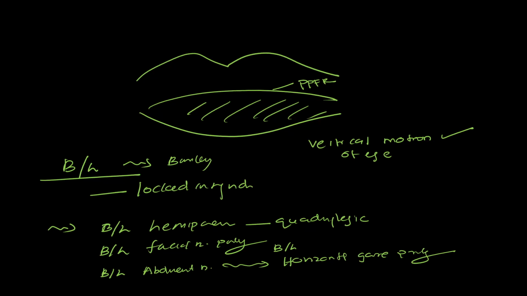What else? Now, in these circumstances, the reticular formation of the brain is spared, because the reticular formation you would see in the medulla oblongata as well. So this patient is actually locked in, in a locked-in trance. The patient has not lost consciousness.